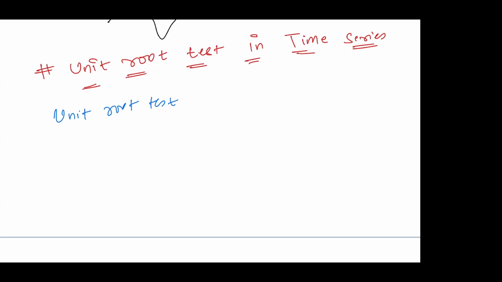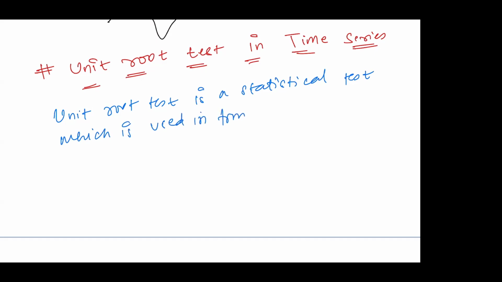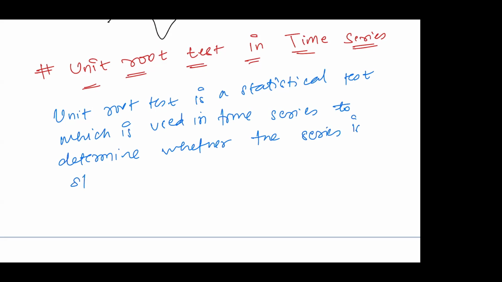So a unit root test is a statistical test which is used in time series to determine whether the series is stationary or non-stationary.